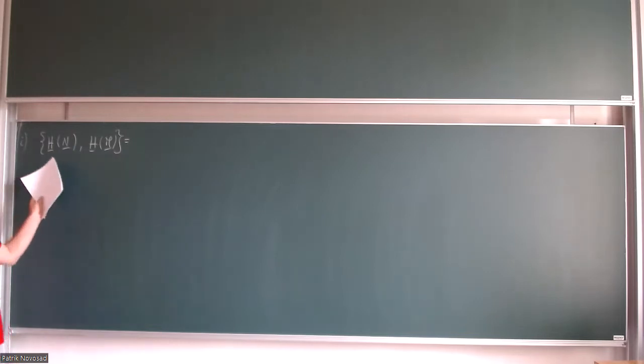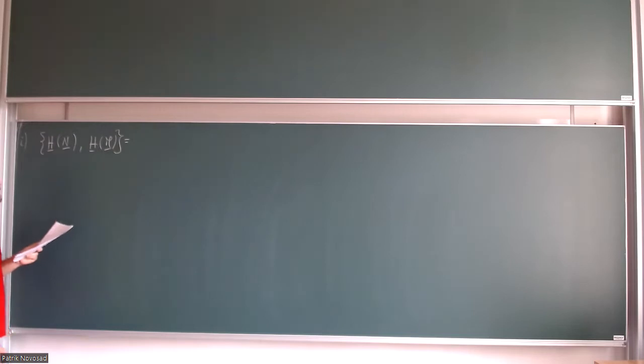Just to remind you, with this notation, I say that this is the smeared spatial, or say diffeomorphism, constraint with a test function that in our case is the shift vector.